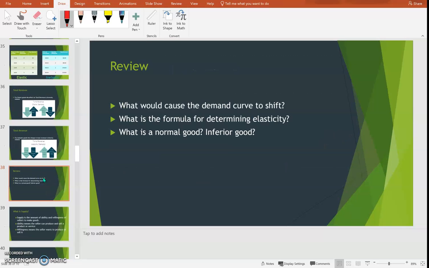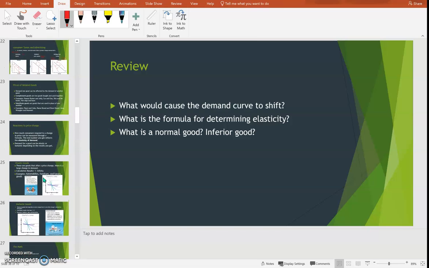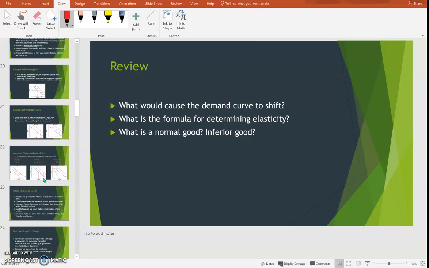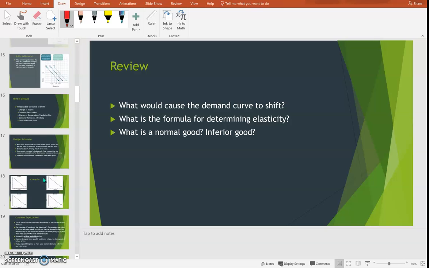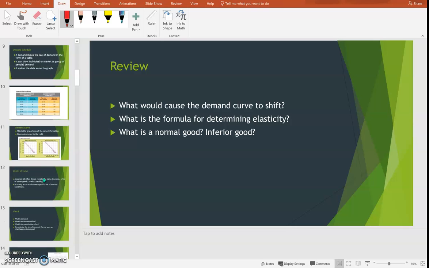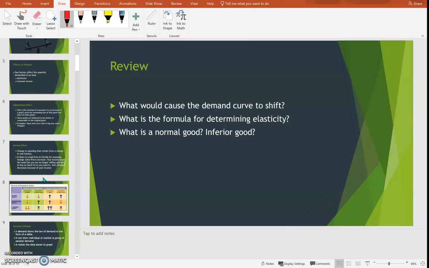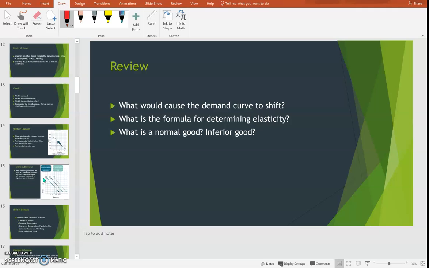And then what is a normal good and what is an inferior good? Okay, normal goods are things that as our income increases, we want more of that good. But if our income decreases, we want less of that good. So some examples would be home cooked meals is a normal good, right?